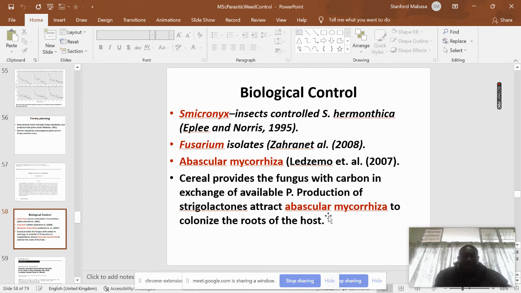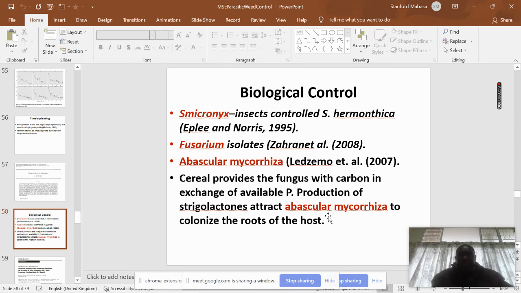And the production of strigolactones attracts arbuscular mycorrhiza to colonize the roots of the host. So we think that probably the high levels of phosphorus could actually have a potential in decreasing the parasite. And in any case, the strigolactones for arbuscular mycorrhiza and those for Striga are different.